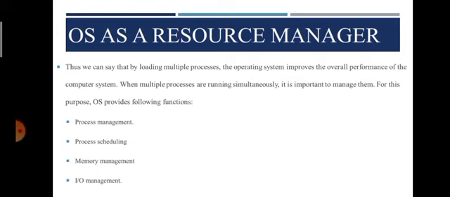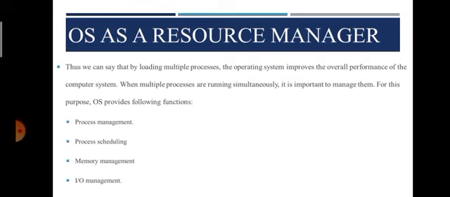Once more than one program or job is executing in the CPU, it is important to manage the different jobs, because there is a chance of clashing between the two different jobs, or many other reasons.